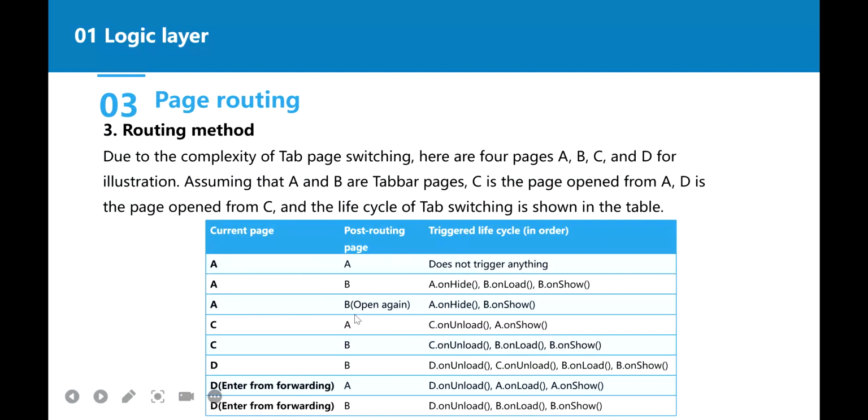If B is already in the cache, then the life cycle triggered will be A onHide and B onShow. And here, A and B are tab bar pages, and C is the page opened from A. If we are in C now and we go to A, then we will unload C and onShow A. As A is the tab bar and C is an inner page of A, we don't need to reload A. We are already in it, so we just onShow it.